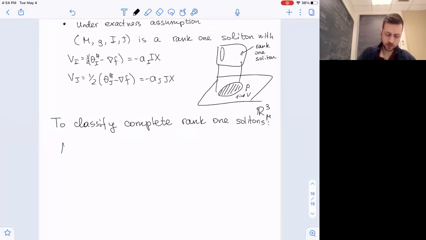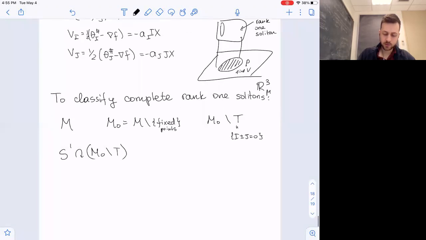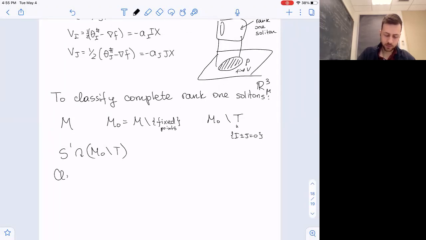If you have a rank 1 soliton M, let's first consider M0, which will be M minus the fixed points of your circle action S. And then let's actually consider M0 minus T. So we throw away this locus where I equals plus or minus J. We have S1 acting on M0 minus T. I claim that we can take a cover.